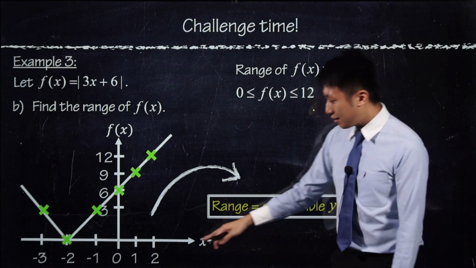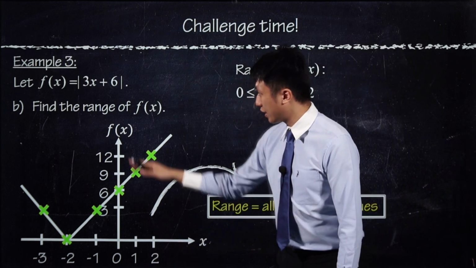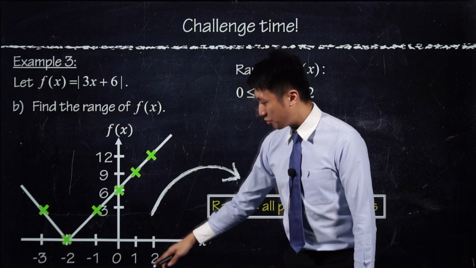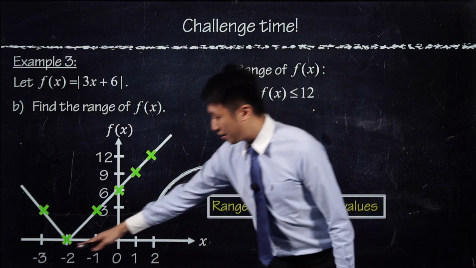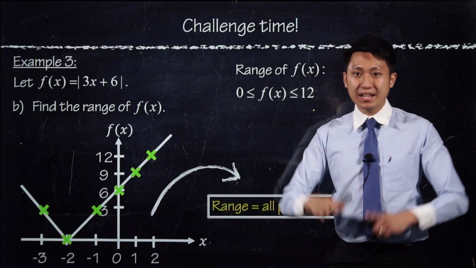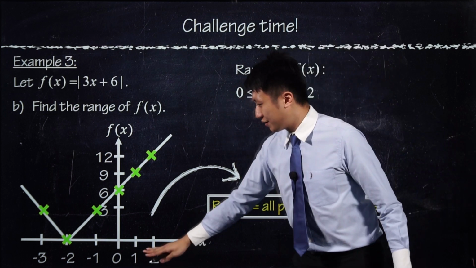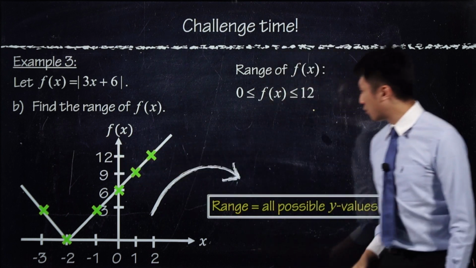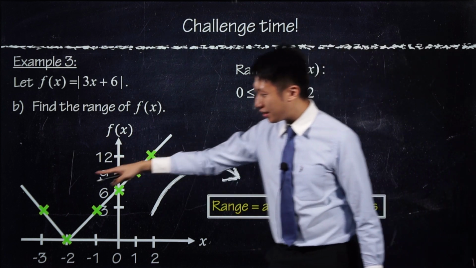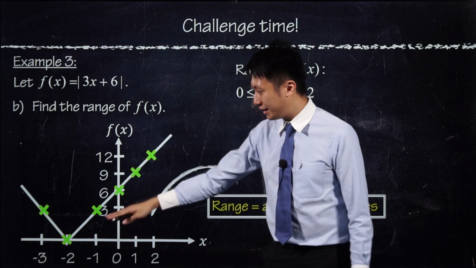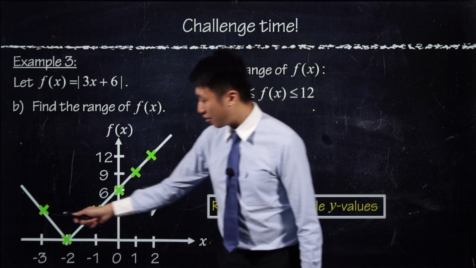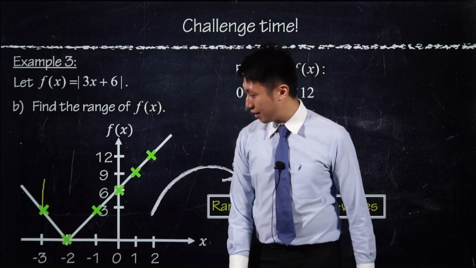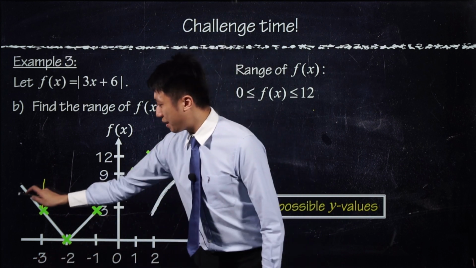Because the point here, 2, is the biggest point, right? Just now we see that it's from -3 to 2, right? The biggest value is 2, so the biggest one will correspond to here, which gives you 12. Just now we cut off until here, because from -3, this part is not included.